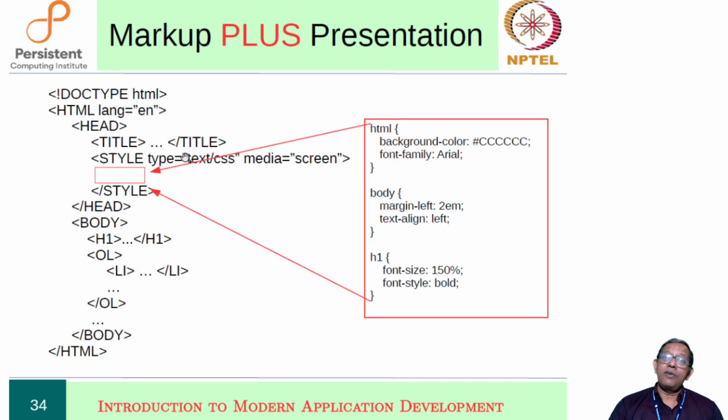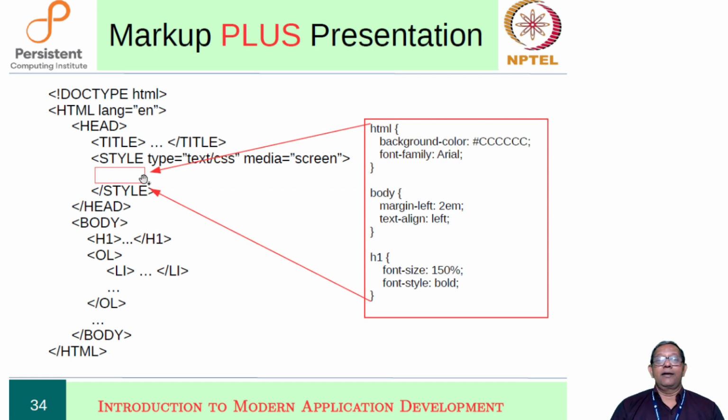How do we include this information in the web page? We are going to show two different styles. One is by using the style tag in your HTML page. Within the style and /style, the entire CSS, the style sheet specification, is put in over here.